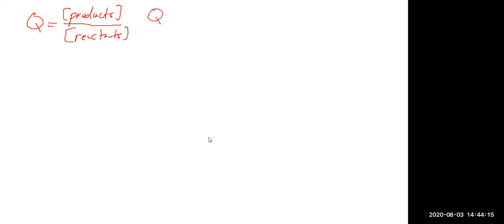So if we calculate Q and it's greater than the K value, that means it's not at equilibrium. And it also means that in order to reach equilibrium, we need more reactants to be made. So it has to go to the left here to make more reactants to reach equilibrium. We also saw that if you calculate a Q and it does equal K, it means that it is actually at equilibrium at that point.